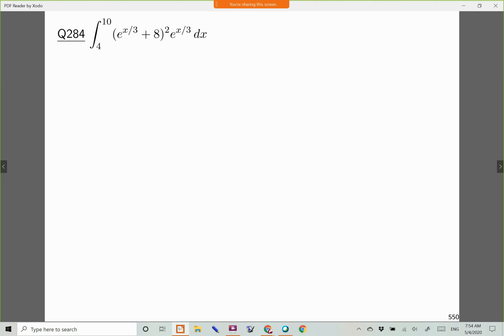Integral 4 to 10 of quantity e to the power x over 3, then plus 8, close parentheses, squared, times e to the x over 3 power dx.